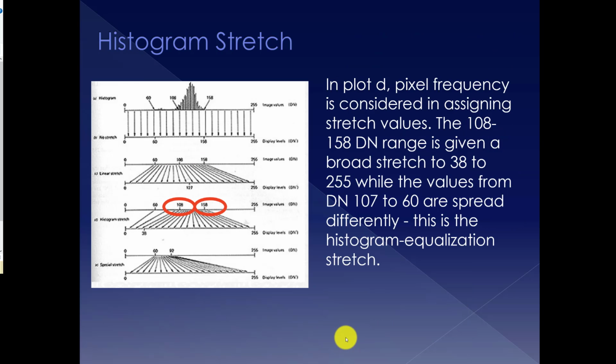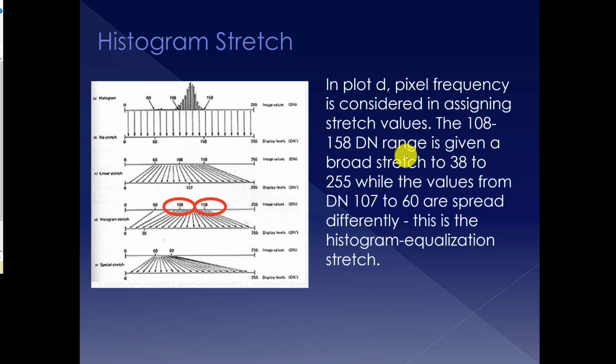So in plot D, we're looking at pixel frequency considered in assigning the stretch values. So it's taking into account the distribution or the frequency that is shown in our data collection. It's honoring those areas where we had the most pixels collected.